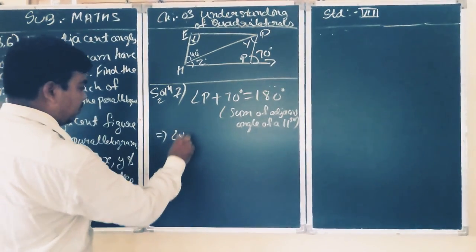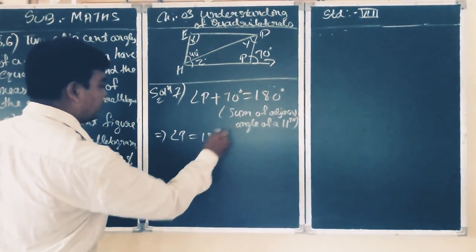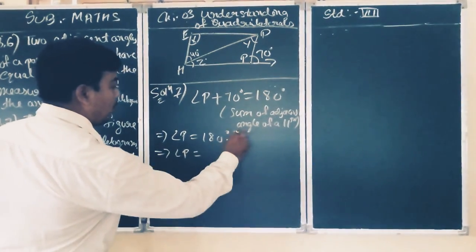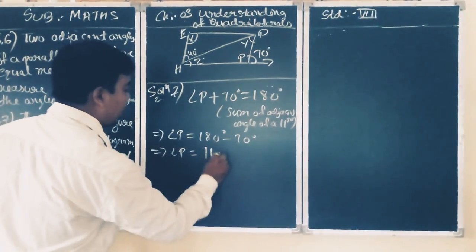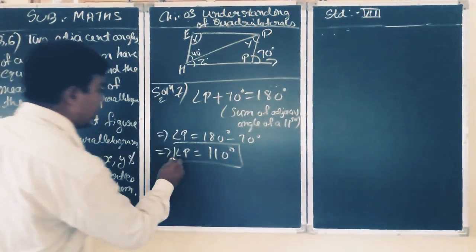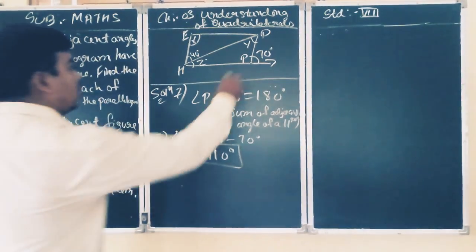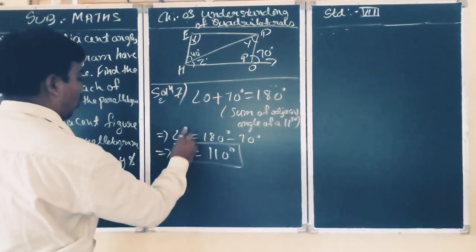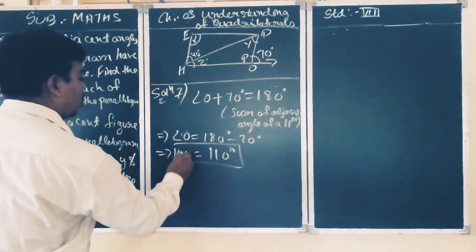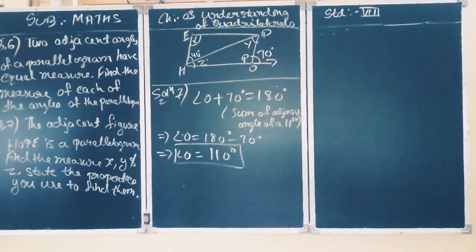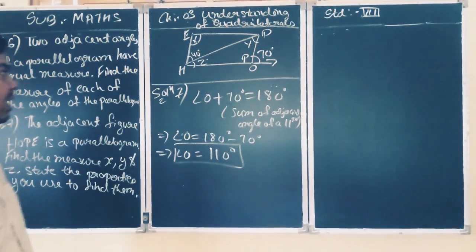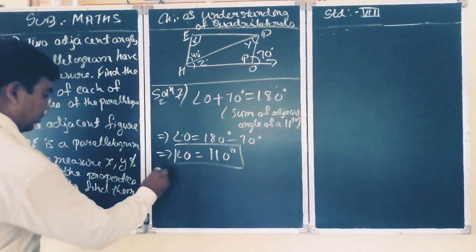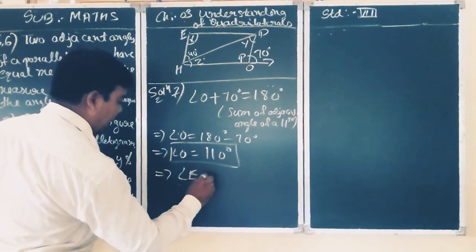So angle P is 180 minus 70, which is 110 degrees. Then angle O is also 110 degrees. Now angle O is equal to angle E, and we find the value of x.